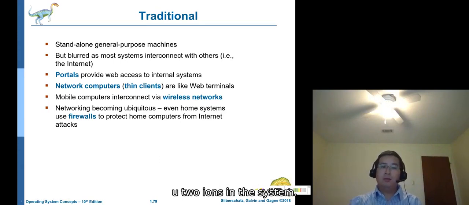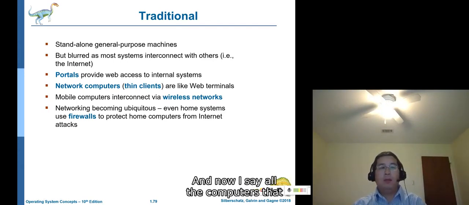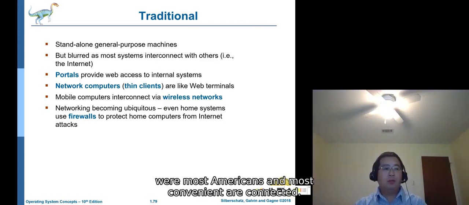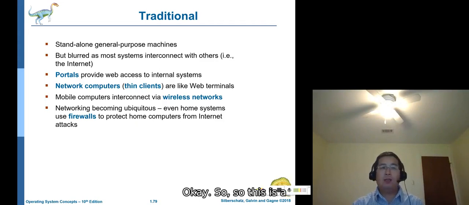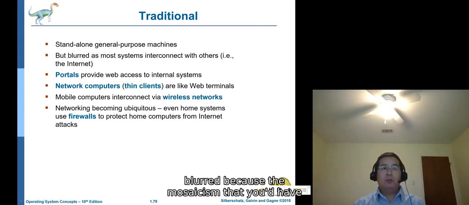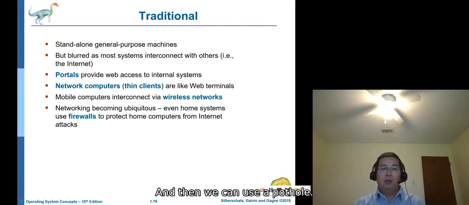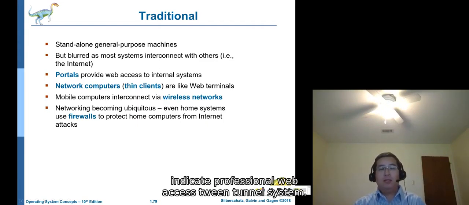But now I think most computers are connected, so this is blurred, because most systems interact with each other via the internet. And then we can use portals. A portal is like a gate, which provides web access to internal systems.